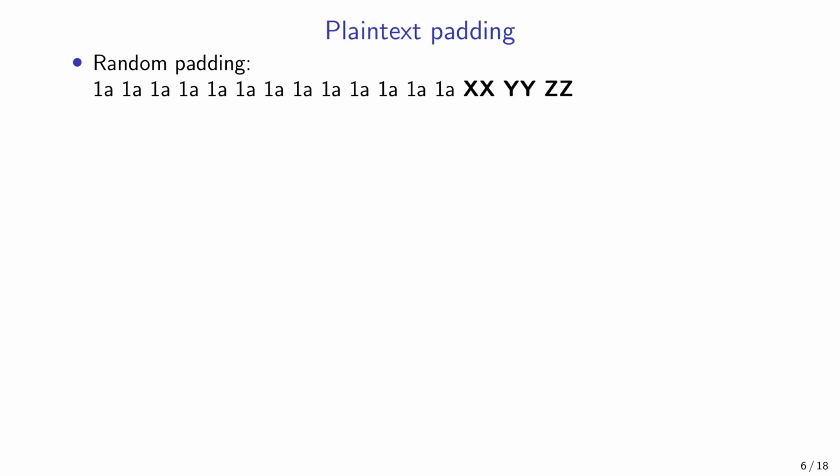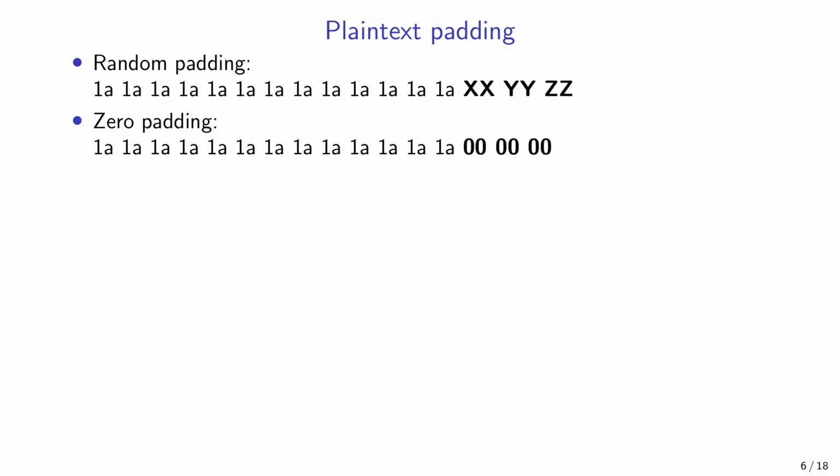One way is to pad it with random padding, and another is to pad it with zero padding. However, in both cases, this makes it hard to determine from the padding how many padding bytes were added. Yes, we could tell the recipient how many padding bytes we added, but that's an additional data field to transmit. A good idea is to specify in the padding how many padding bytes were added.